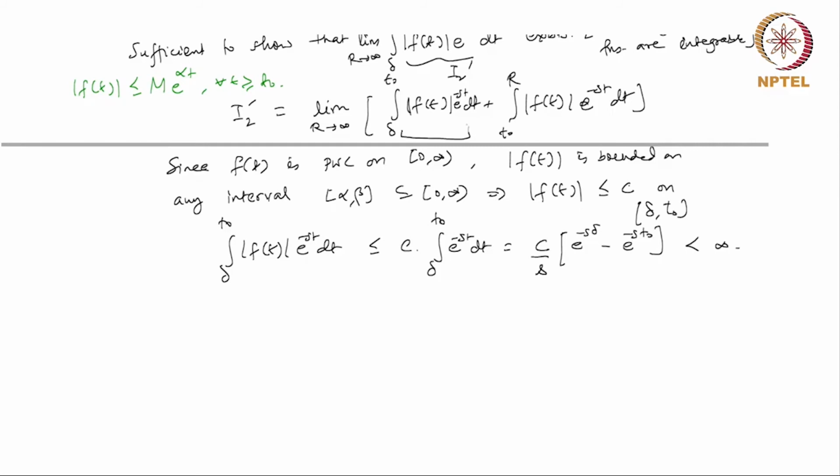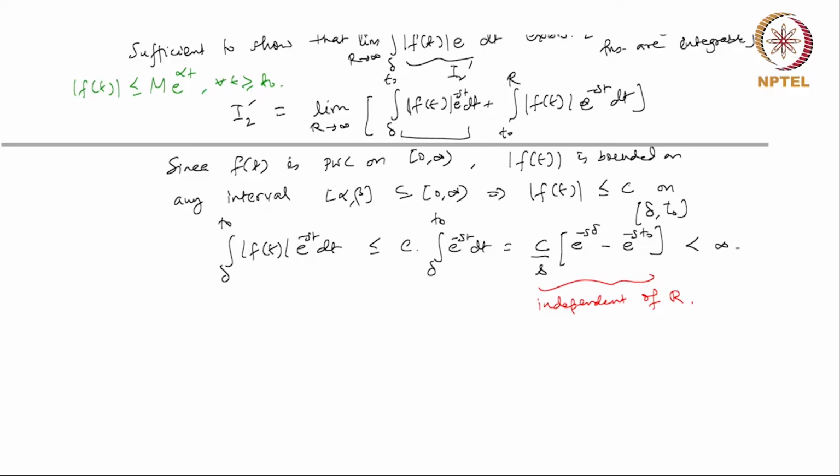So this first one is finite, and the limit as r goes to infinity is the same as this value. It is independent of r, so the limit as r goes to infinity does not change this value.